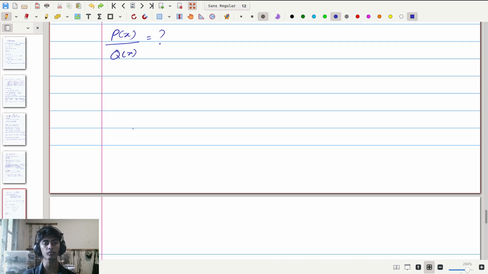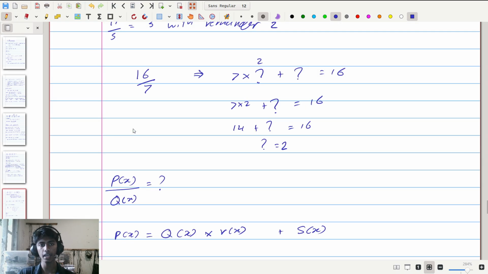That's important. So considering p(x) divided by q(x), if that is equal to something, that means p(x) is equal to q(x) times something, which I'll call r(x), plus some leftover, which I'll call s(x). This is the exact same format as finding 16 divided by 7 in terms of 7 times some unknown plus some other unknown.